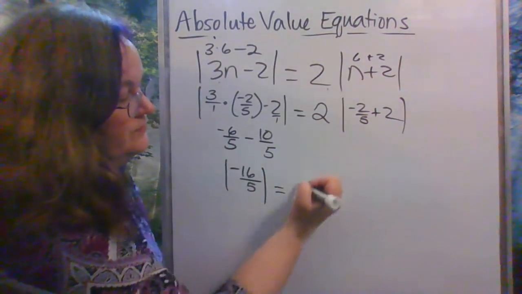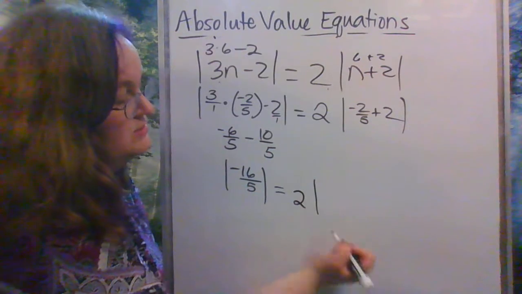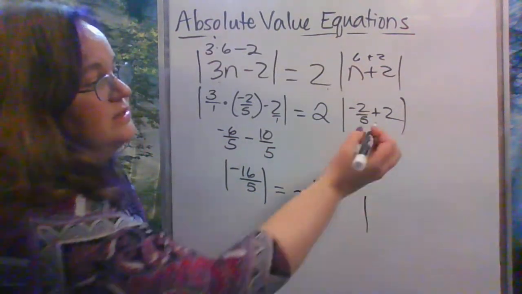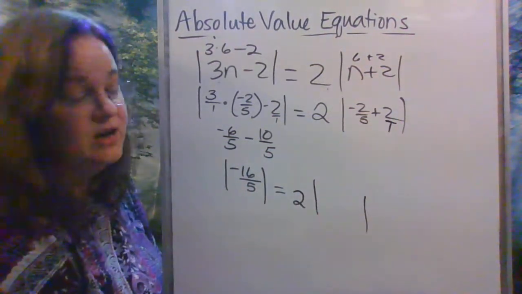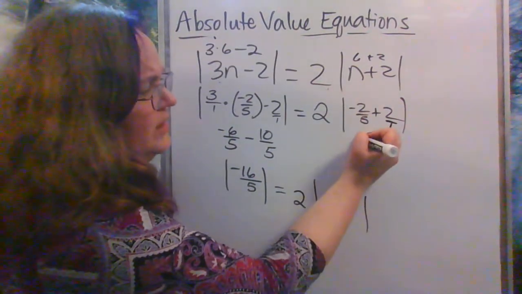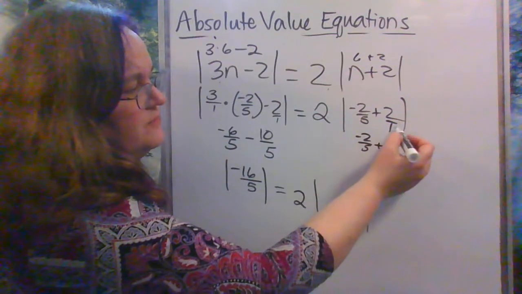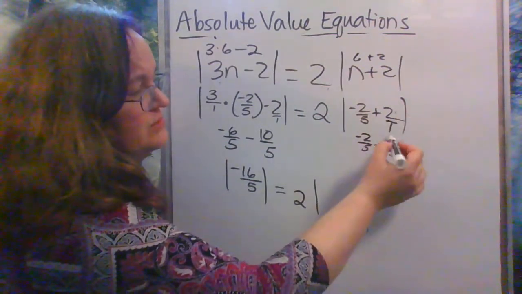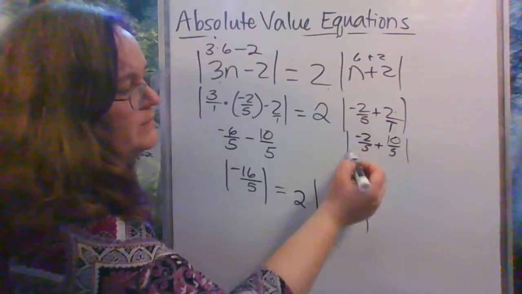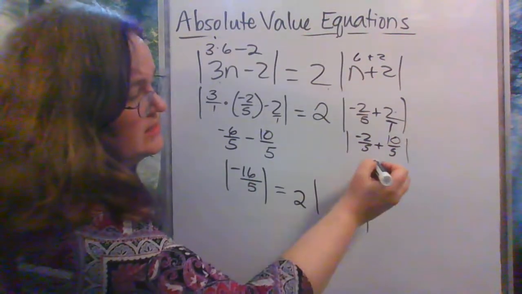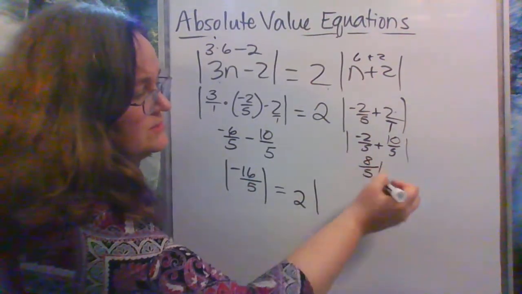Over here, I'm going to get 2 times the absolute value of something. Okay, so again, I'm going to have to make this a common denominator. I get negative 2/5 plus, this will be 5 times 2 is 10. Okay, negative 2 plus 10 is going to be 8/5.